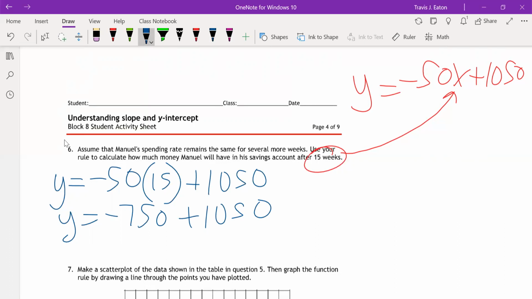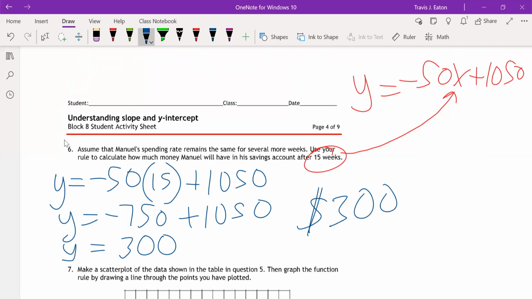And so y equals negative 750 plus 1,050. Well, that's $300. So how much money will he have left in his account? Well, he'll have $300 in his account.